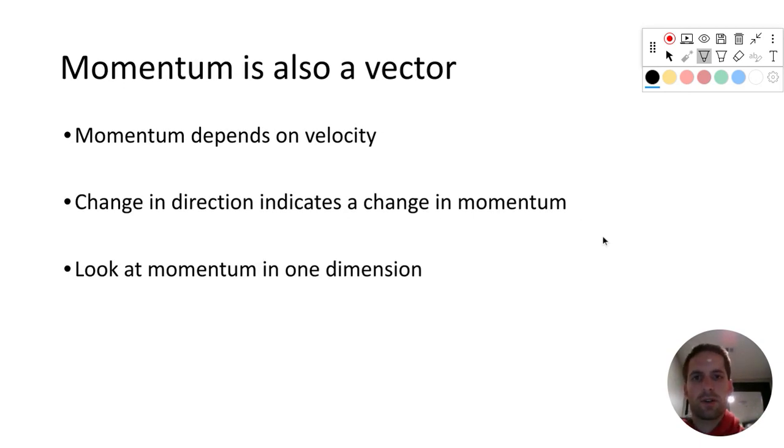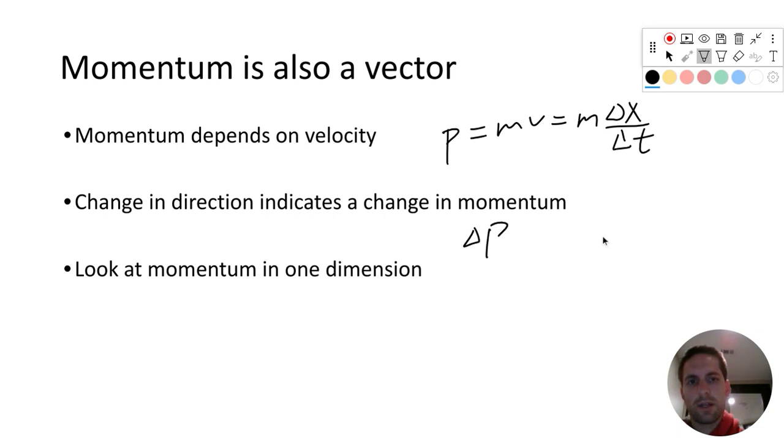Momentum depends on velocity because of that equation: p equals mv equals m delta x over delta t. So the change in direction indicates a change in momentum as delta p is some initial velocity minus some final velocity.